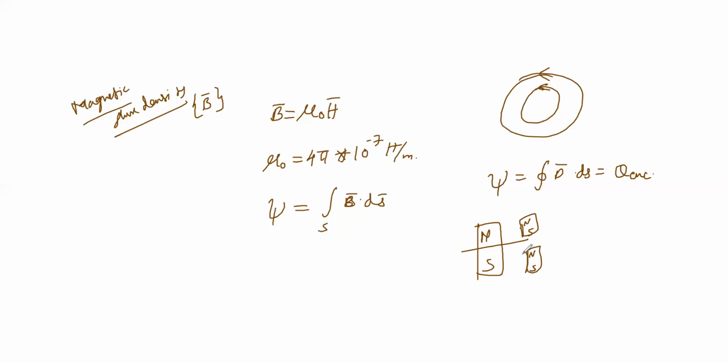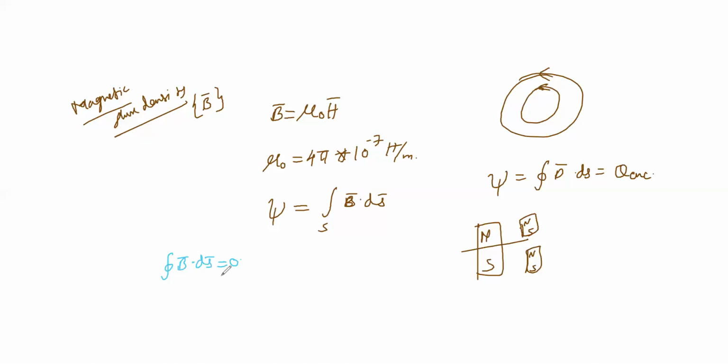And the total flux through a closed surface in a magnetic field is zero. That is, closed integral B bar ds equal to 0. This equation is referred to as the law of conservation of magnetic flux, or the Gauss law for magnetostatic fields.